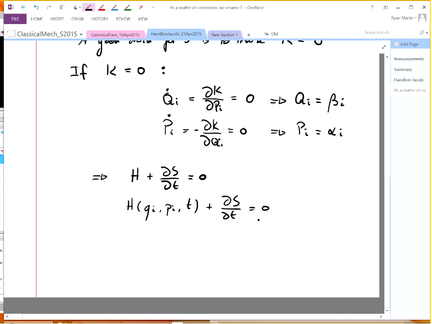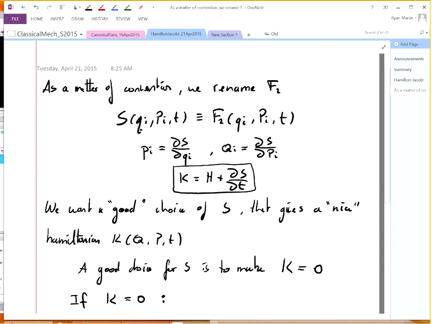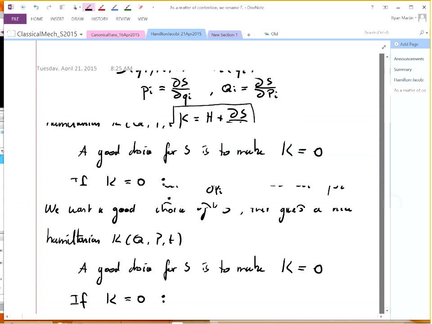But now, when we work with S, if you remember, it is a function of lowercase q_i and capital P_i. If we want to work with S, we don't really want to work with lowercase p_i. But that's okay, because we know what lowercase p_i's are in terms of S. They're ∂S/∂q_i.